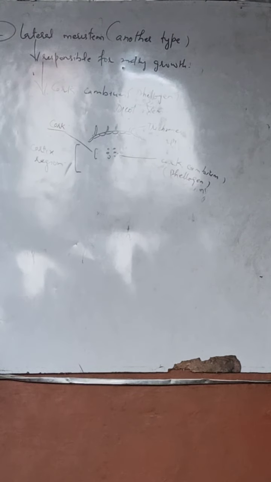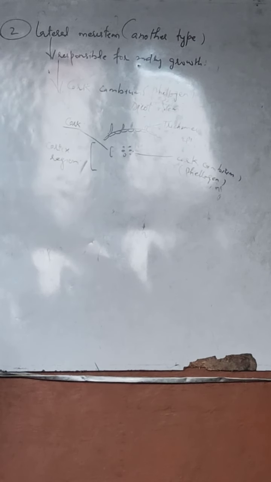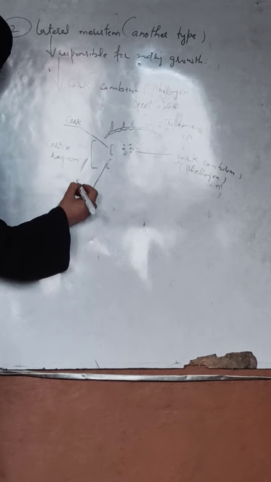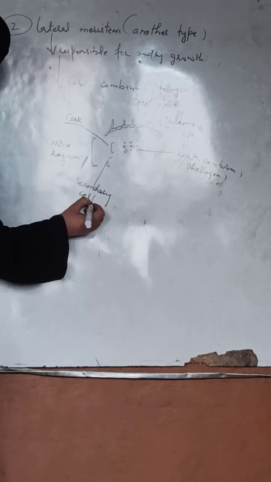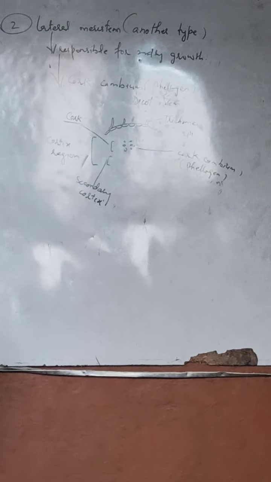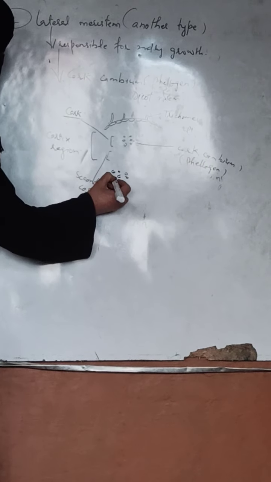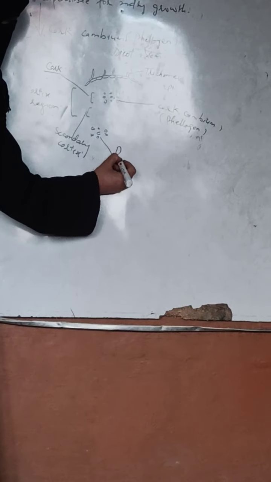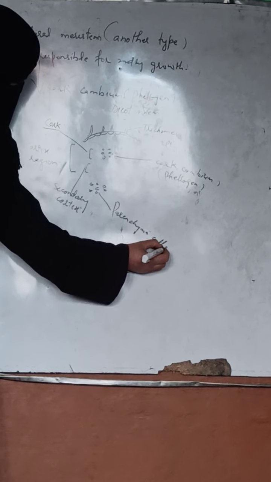And when it differentiates towards the inner side, it forms secondary cortex. For example, these are the cells of secondary cortex, and these cells are actually parenchyma cells.